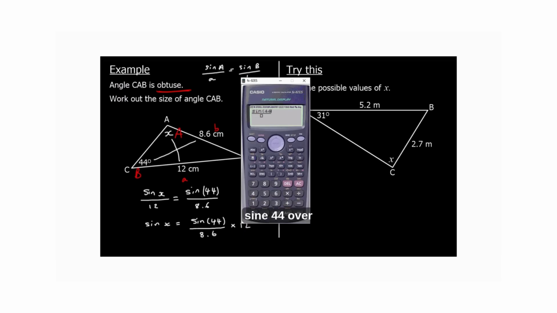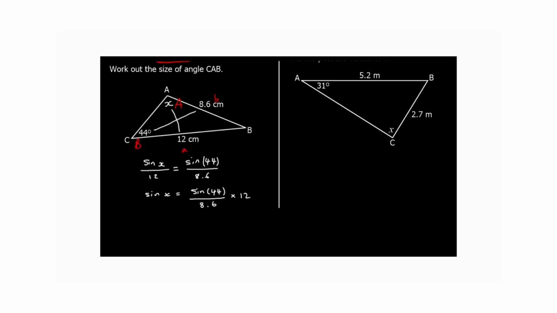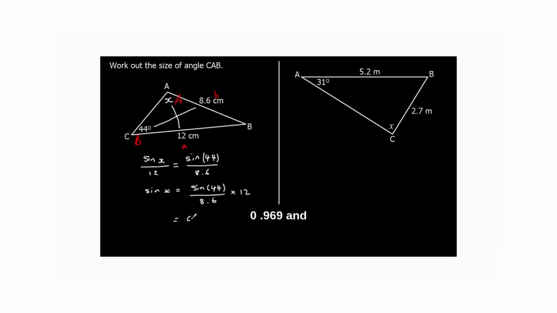Sine 44 over 8.6 times 12, and we've got our sine x of 0.969 and so on. But we're going to find x.